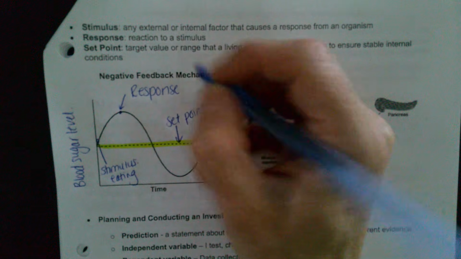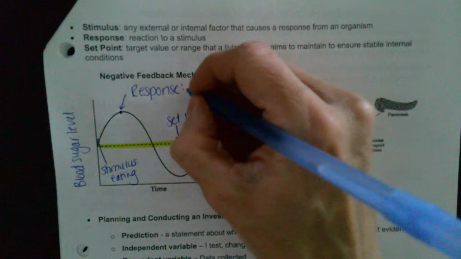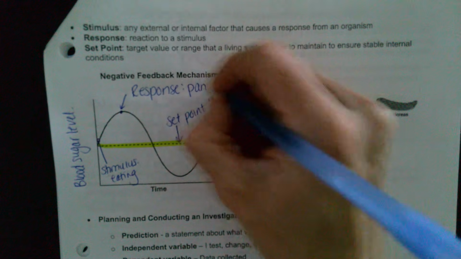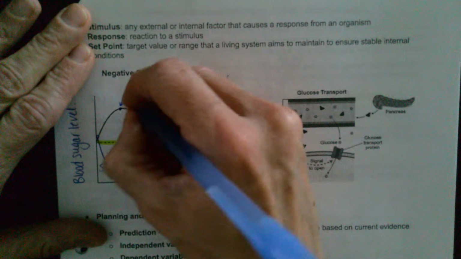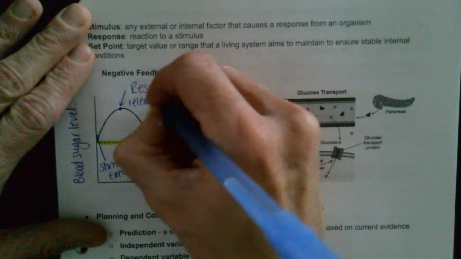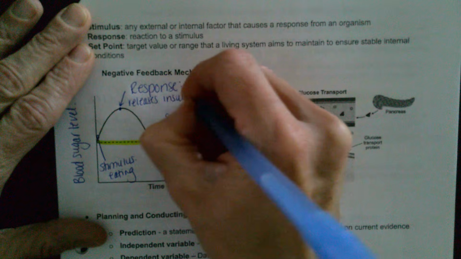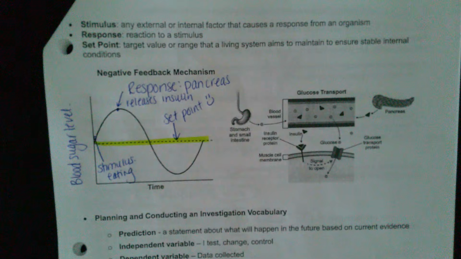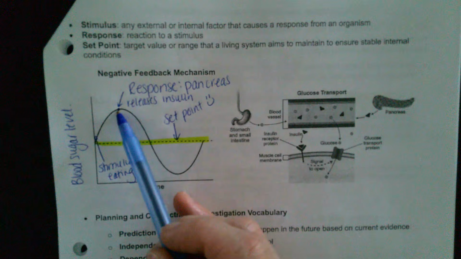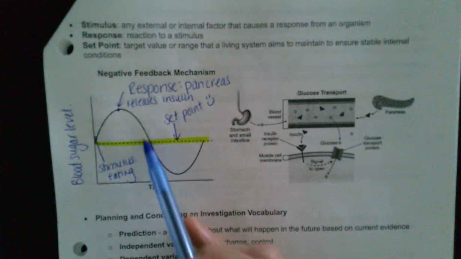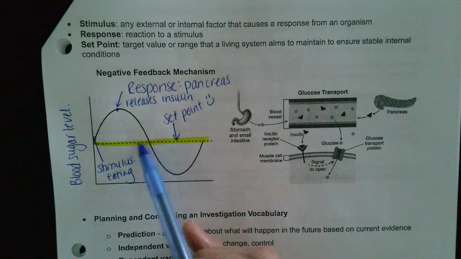And in this case, this is when the pancreas releases or secretes insulin. And insulin's going to lower it. So I've got my increase after I eat. Then I make insulin. Insulin brings my blood sugar back to that normal number.